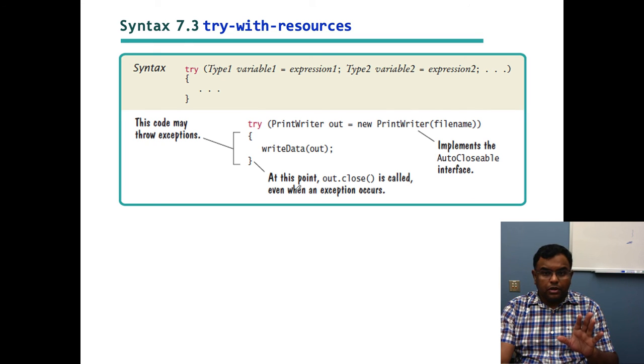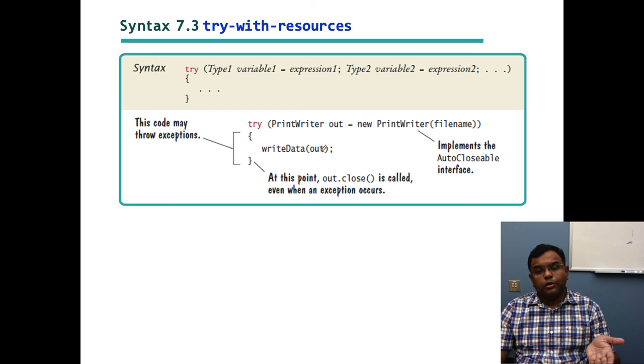So the correct way, sometimes what we do is we put the try and we put a condition, try, then printwriter.out equals this file name. If it opens, then we write the data. If it is not open, then it will not come here, it will go to the catch block. And then we write the finally statement or the close statement over here.